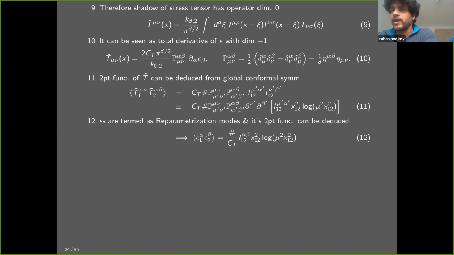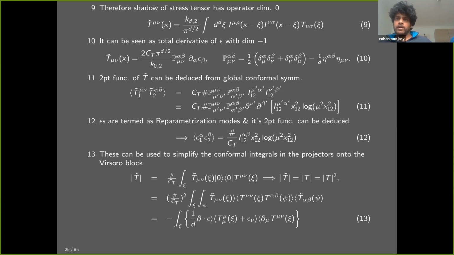It goes as x square log x square, where mu is something that has been made to take care of dimensions, but actually does not play any role in the theory. Of course, because epsilon itself has indices, you need an inversion tensor to go along. So it's inversion tensor times x square times log of x square. And C_T over here is basically keeping track of the central charge of your CFT.